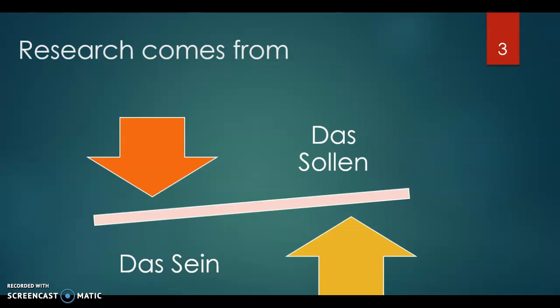That is where research comes from. If there is no gap, and the reality is as expected, there is no research needed. So you need to identify the problem or the gap between what is expected and the reality.